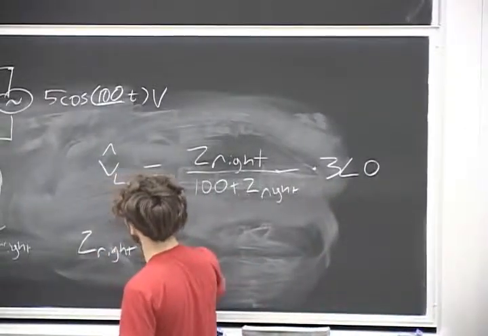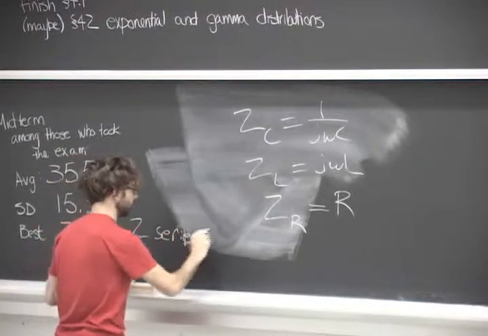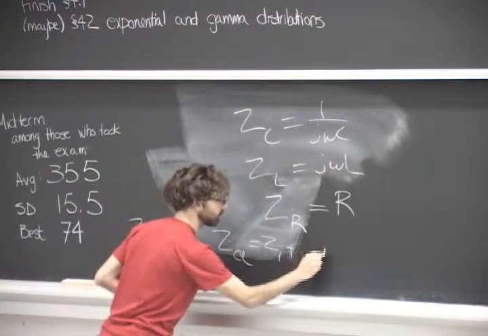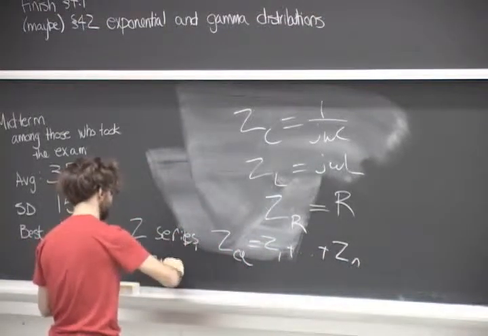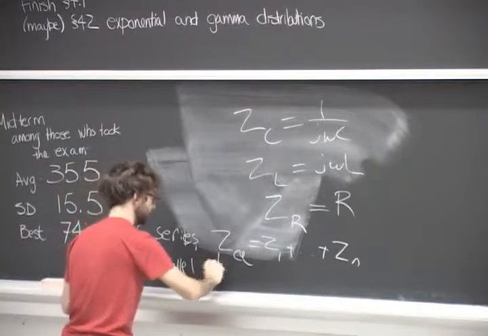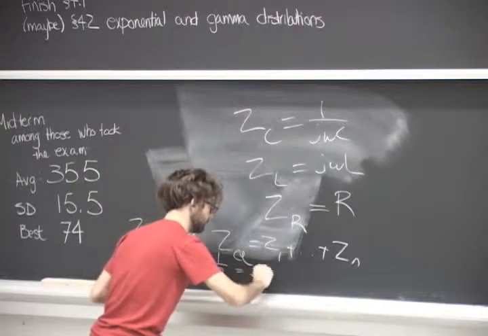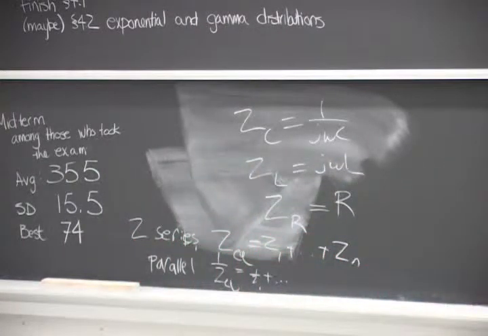Impedances, I haven't said this explicitly a lot, but basically Z in series is just Z equals Z1 plus Z2, and parallel is just like resistors. So it's 1 over Z. So 1 over stuff. So what's Z right going to be?